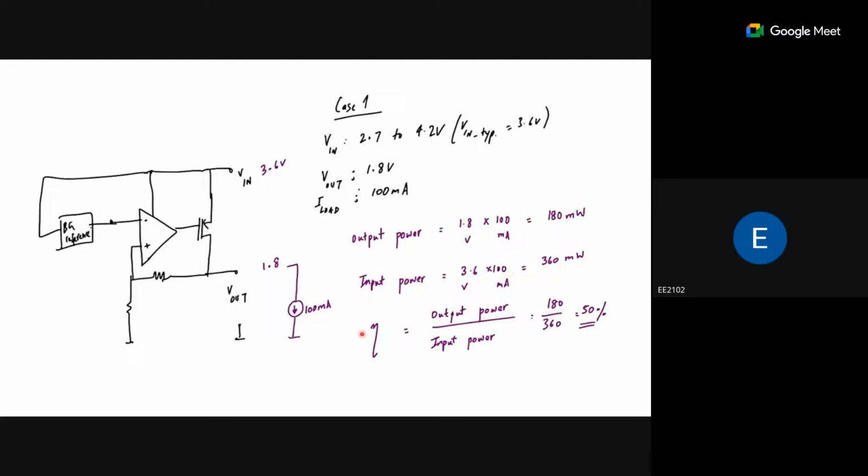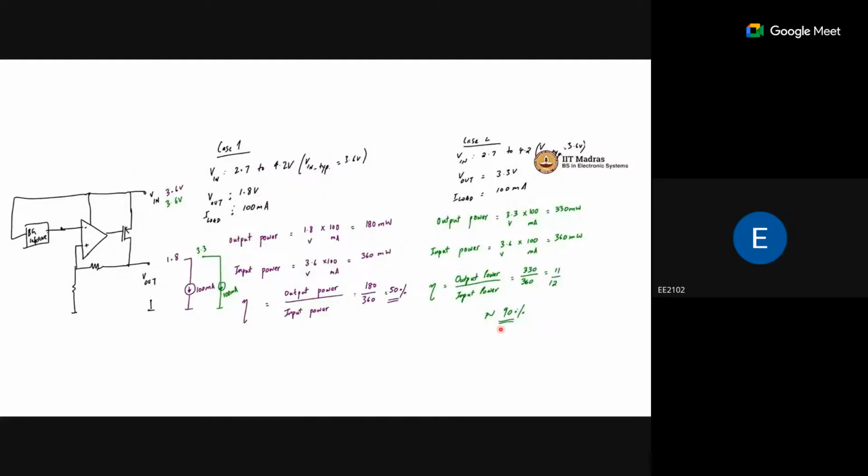So efficiency, the output power over input power, gives you 50% efficiency. So if this regulator provides 1.8 volt and your load current is 100 milliampere, you are getting 50%.